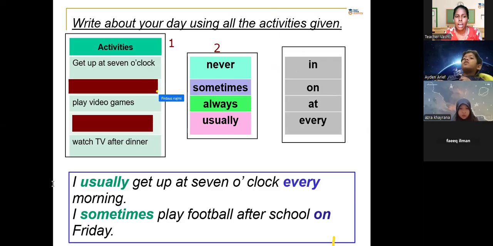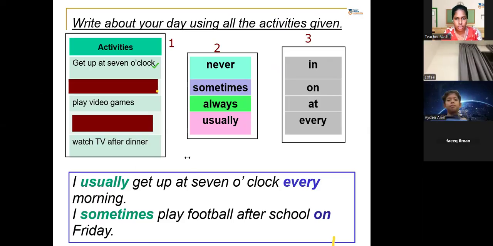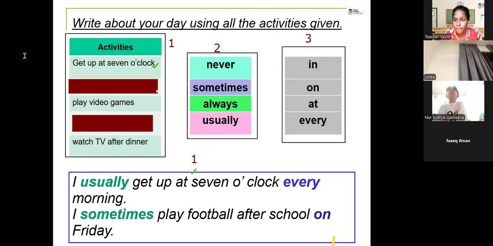So let's see. I usually get up at 7 o'clock every morning. Ada tak teacher guna activity? Did I use the activity get up at 7 o'clock? Yes. I get 1 point. Did I use the word usually? Yes.